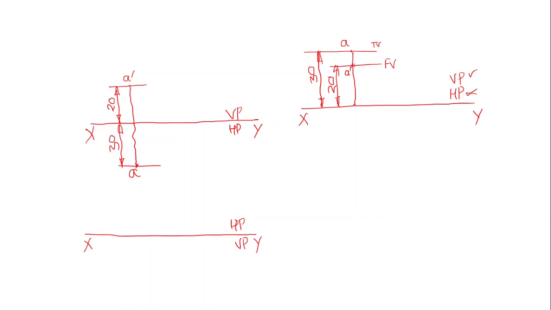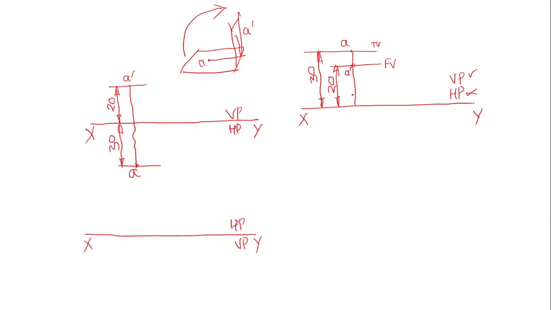That's important, because while drawing the projections, this point is A and this one is A dash, and the projection line is from A dash to A. While rotating the HP by 90 degrees, the projection line starts from A, extending from A to the XY line to A dash.